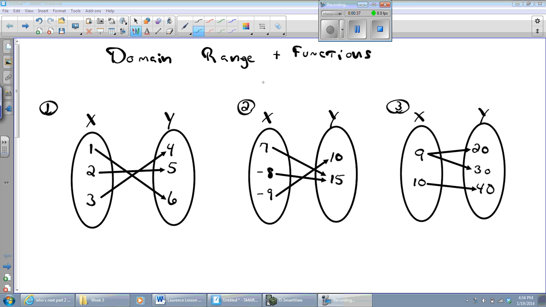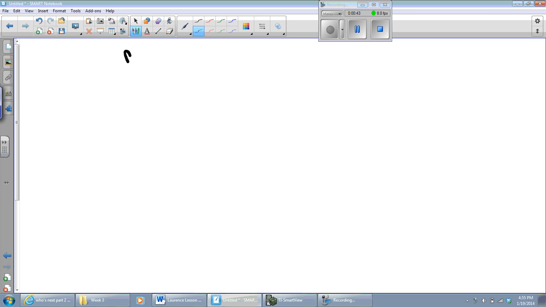All right, we're first going to need to define a function. A function is a relation, and a relation is a set of ordered pairs.